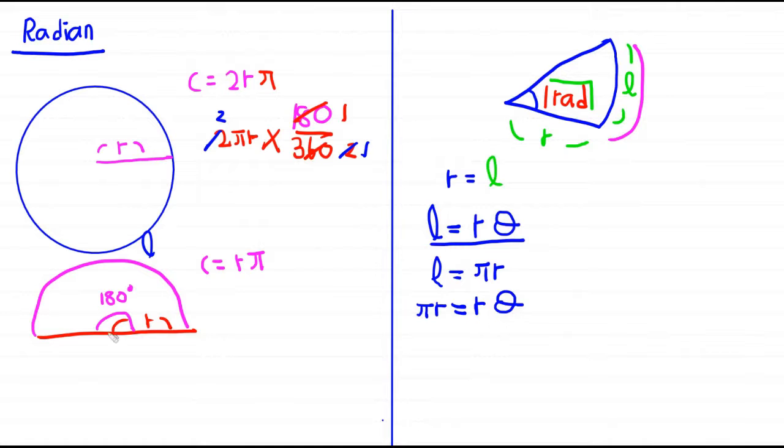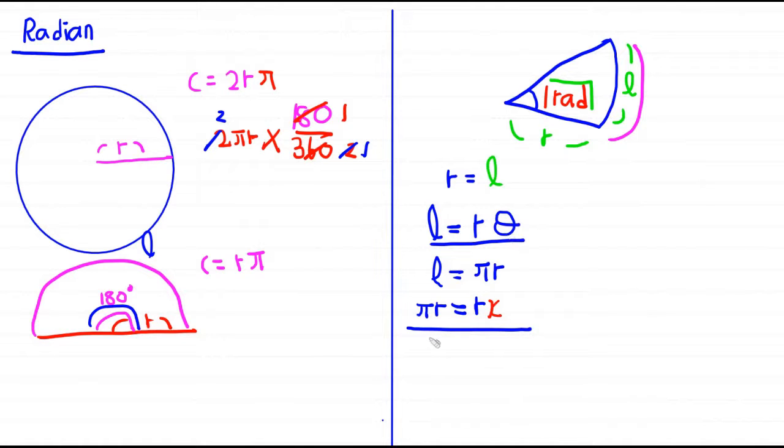And if we convert 180 degrees to radians, we can solve for this formula, but we don't know it yet. This is 180 degrees, and I will just call it x. So pi r equals r times x.